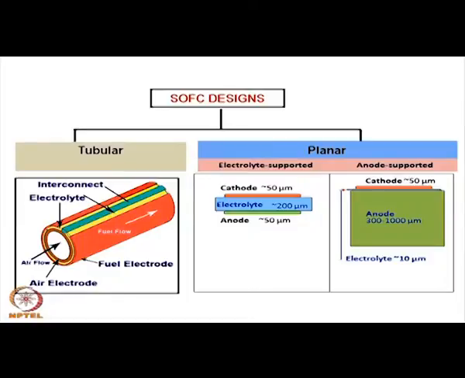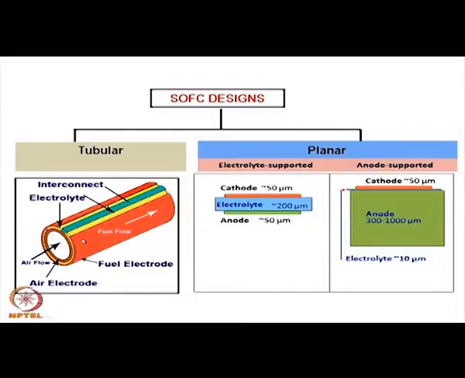The support tube is a porous cathode, maybe strontium doped lanthanum manganite. So, you make powders of that and then fabricate a porous tube. Over that one deposits a thin layer, the yellow one basically, a thin layer of electrolyte YSZ, and then you have another anode on top of that.